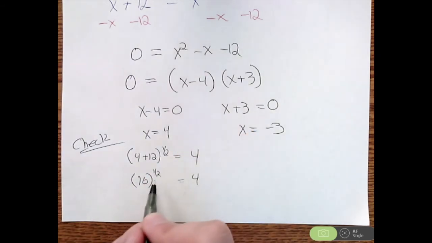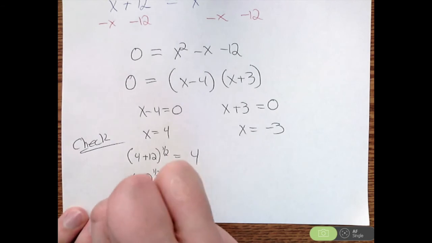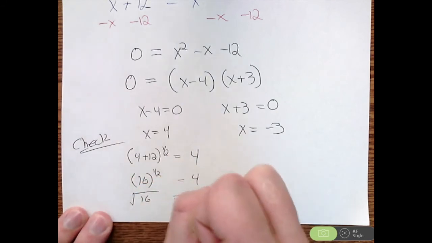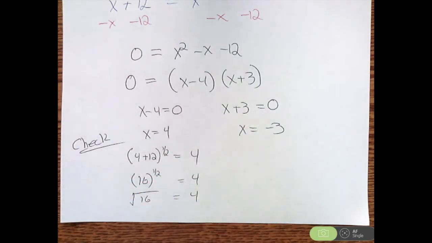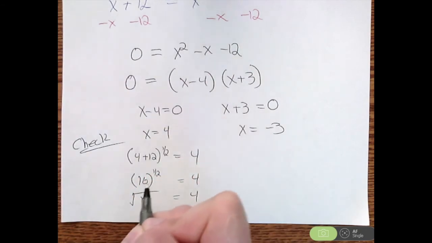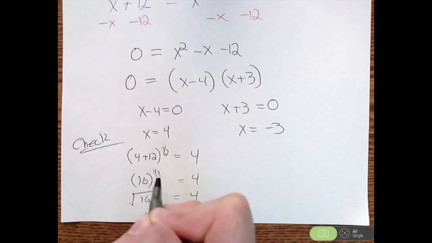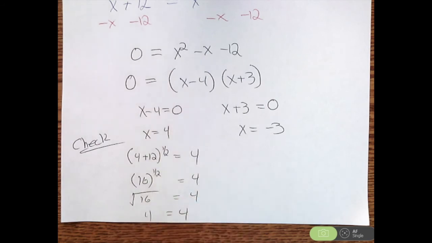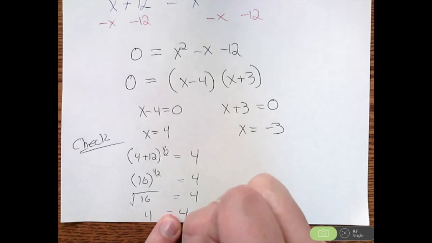Anything to the 1/2 power you can switch to radical form, which is like taking the square root of 16. The square root of 16 is 4, so we get 4 equals 4. You could also type it in your calculator, 16 to the 1/2 power, and get 4 as well. 4 equals 4, so that works.